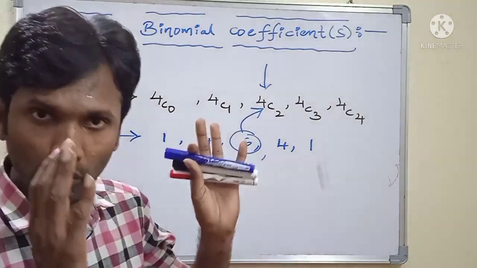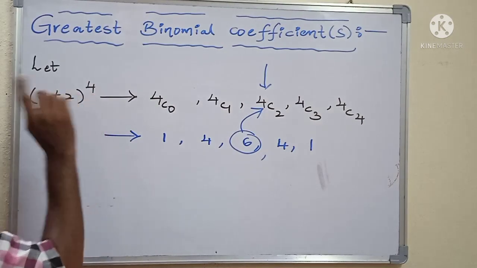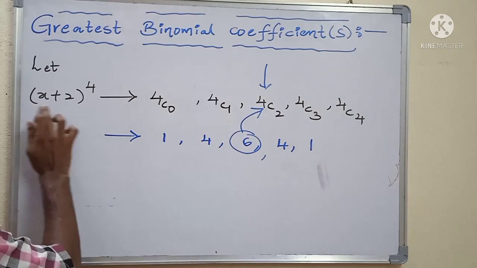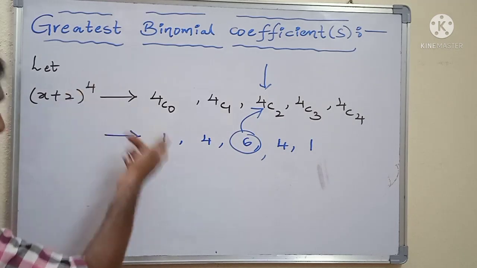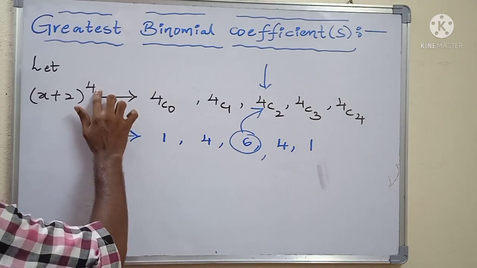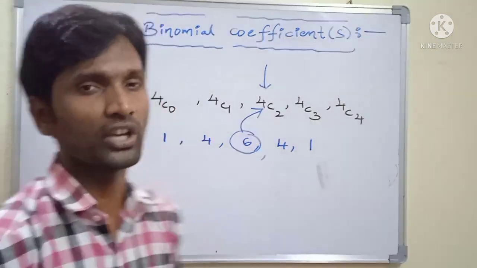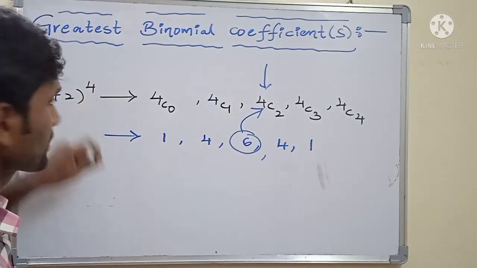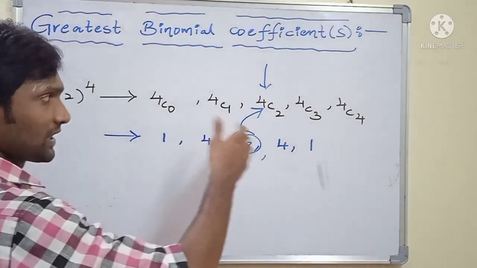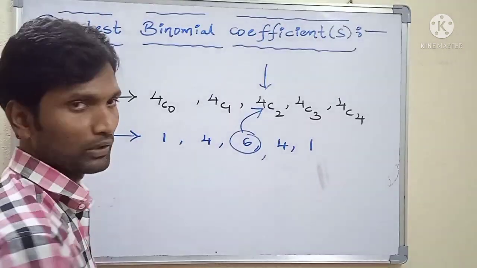So finally we conclude that in the expansion of (x + a)^n, if n is an even integer, where 4 is an even integer, in that expansion we have only one greatest binomial coefficient.